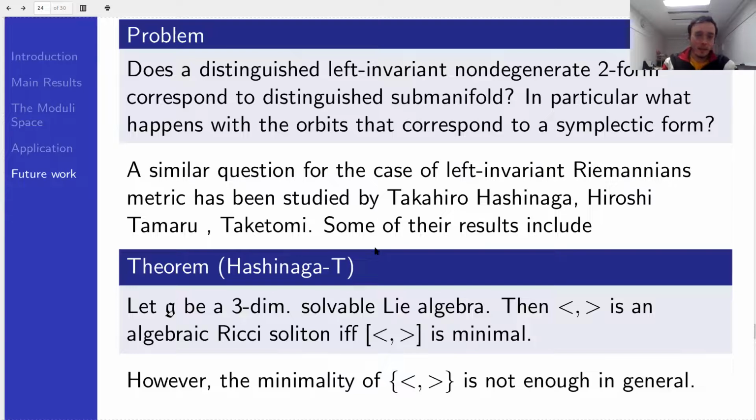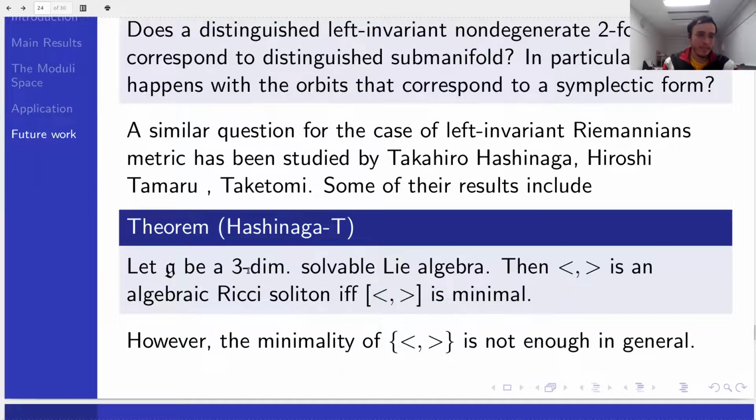And there have been some results, for example in the 3-dimensional solvable case. In the Riemannian case, of course, you are not searching for closed two forms. You are searching for some nice metrics, for example if the metric is an algebraic Ricci soliton.